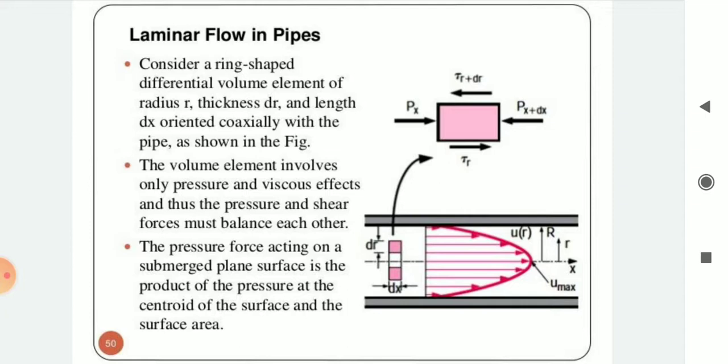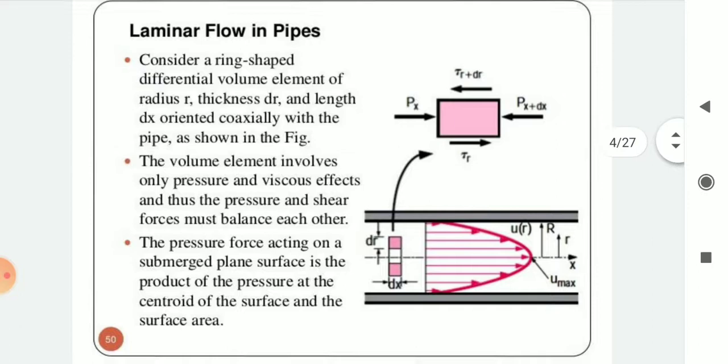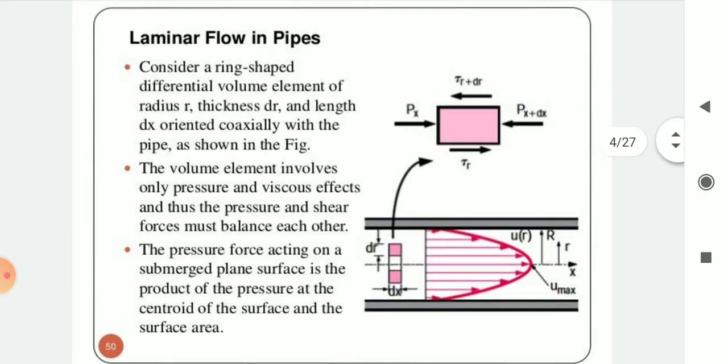So consider a ring shaped differential volume element of radius r, thickness dr and length dx oriented coaxially with the pipe as shown in the figure. The volume element involves only pressure and viscous effects, and thus the pressure and shear forces must balance each other.